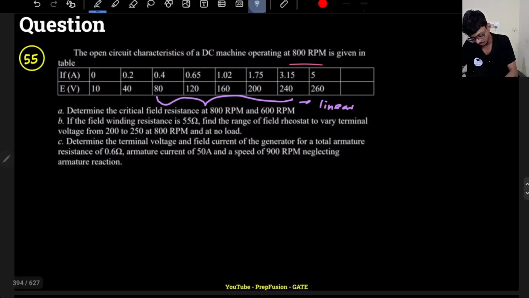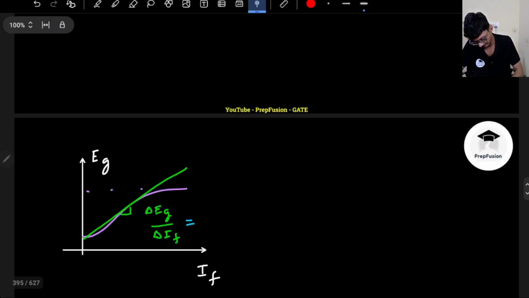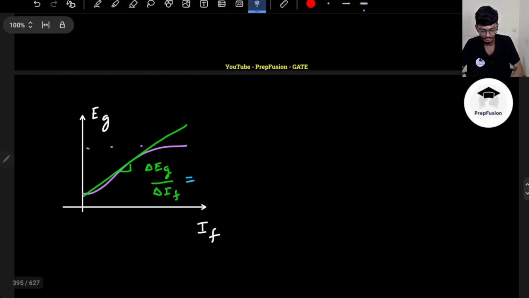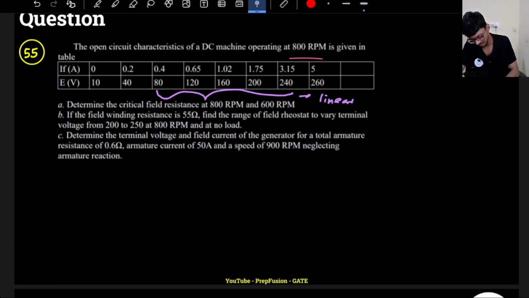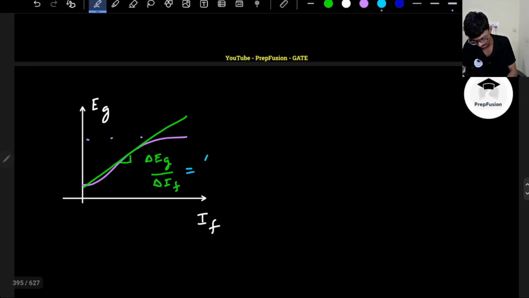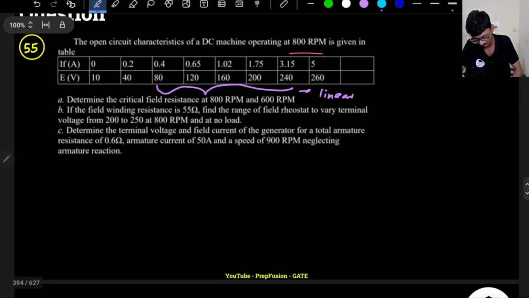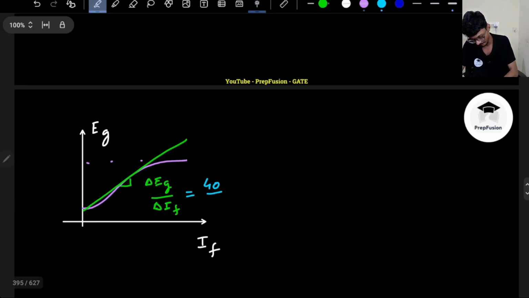Delta Eg, I can choose this portion. What is the delta Eg? I do agree, actually the question is not completely correct. They should have mentioned what the linear region is. So I'm assuming this to be the linear region. If I assume this, delta Eg is 40 volts divided by delta If, which is 0.25.